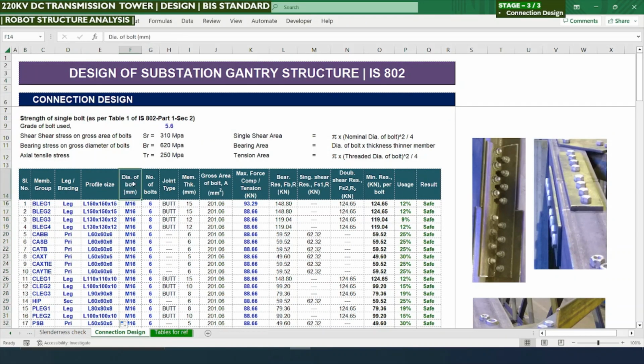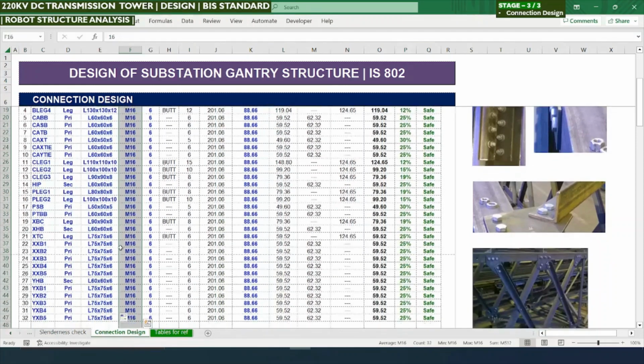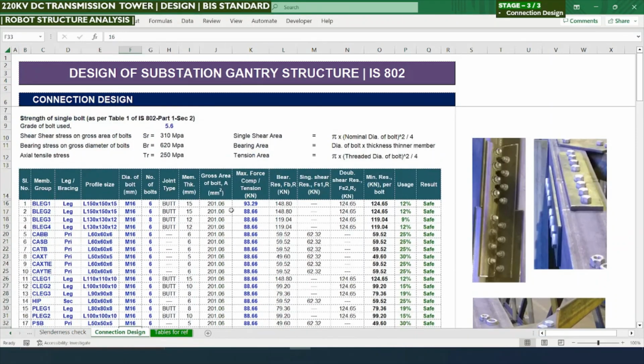Next, for the diameter of the bolt, we can fix M16 for all. Later we can change it according to usage and the result. Coming to the number of bolts, we can consider it as per our initial assumptions.